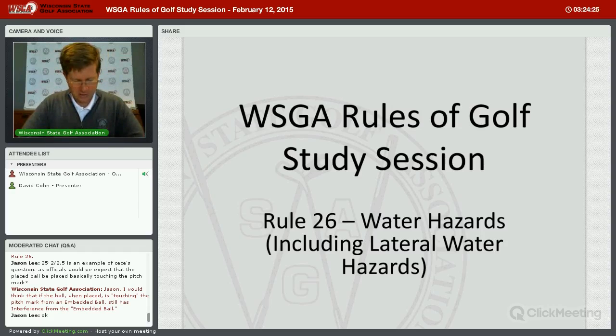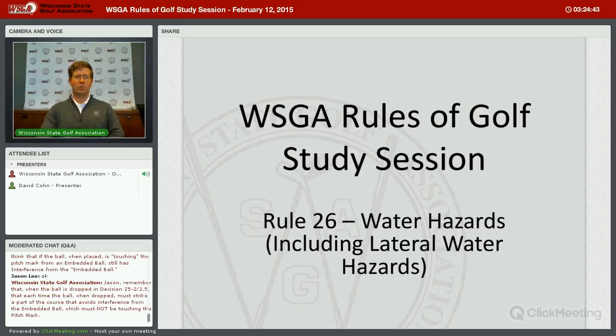And that second option is really there to help the player in a case where without it he might have to use stroke and distance. For example, imagine a hole that has a lateral water hazard running down the right side, and just beyond that, let's say there are houses, so there's out of bounds. Player, it's a wild tee shot, lands right of the hazard, lands out of bounds, and kicks into the hazard. So it enters from the out of bounds side.